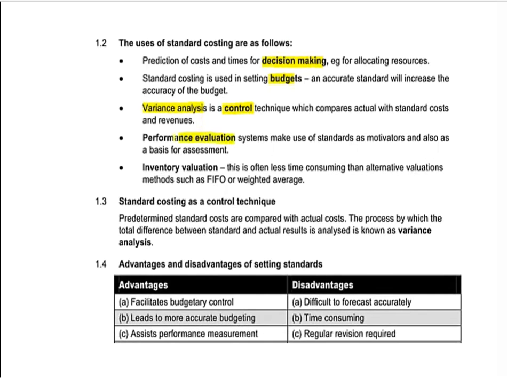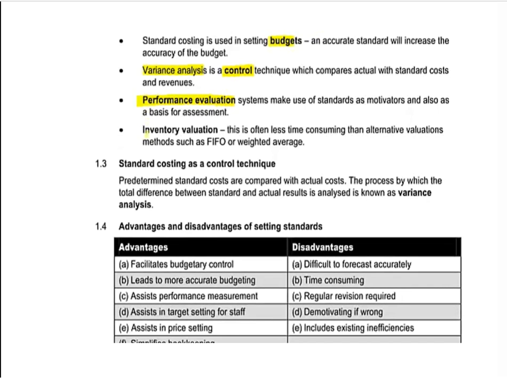Performance evaluation is a bit more than just variances. We're looking then at setting our standards to motivate our staff, but also to assess results perhaps of the company or the division. And as well as being used internally, external investors will also evaluate the performance. Inventory valuation, if we have a standard value for a unit of finished goods, it's much easier than basing it on average.